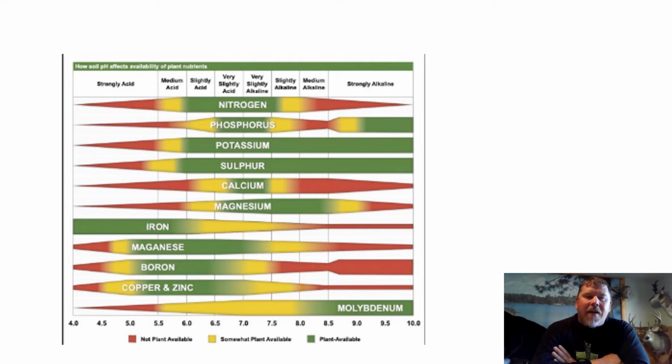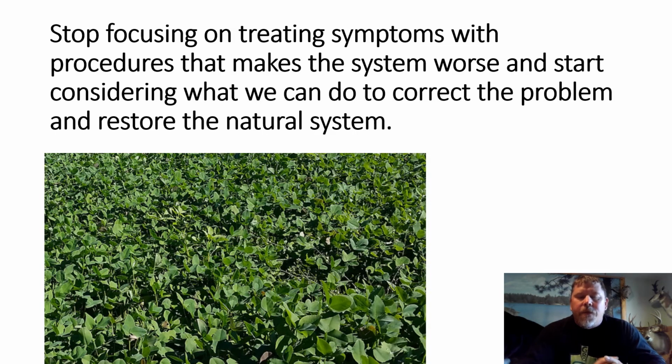And in the end, we're just adding more salts to the system, which is then creating more room for things to get bad. So again, we need to stop focusing on treating symptoms with procedures that in the end make the system worse.